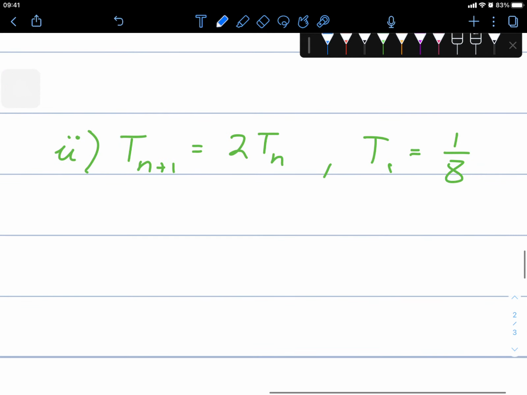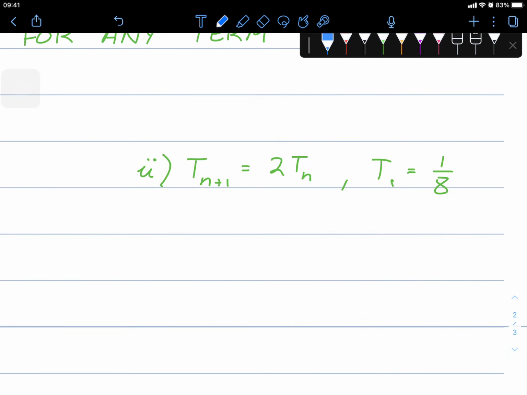One more for this. The first term is going to be 1/8. The next term is going to be double that, which is a quarter. Double that is a half. Double that is 1. So for this, to get any term, t of n, we get a, which is 1/8, times 2 to the power of n minus 1. And that's pretty much all there is to it.